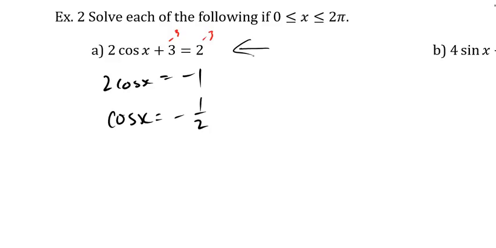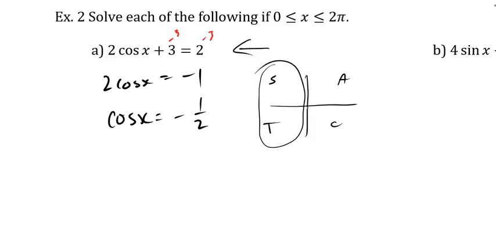So that's a special triangle angle, right? And we're still talking about CAST here. So cosine is negative in those two quadrants. So it's going to be 1 over 2, or 1 over 2, those two angles.